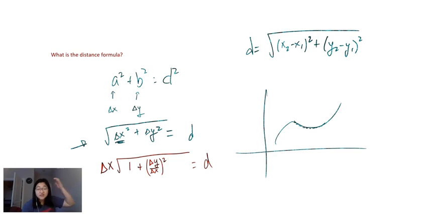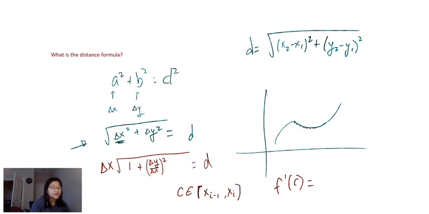We know that the mean value theorem guarantees the existence of some c in our interval from x sub i minus 1 to x sub i, such that f prime of c equals f of x_i minus f of x_i minus 1, over x_i minus x_i minus 1.